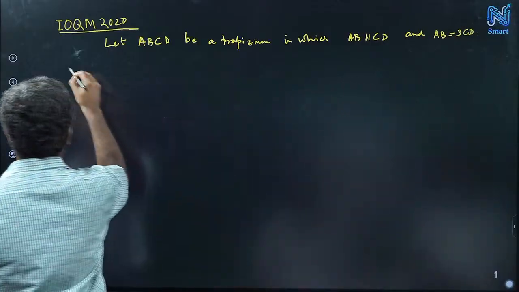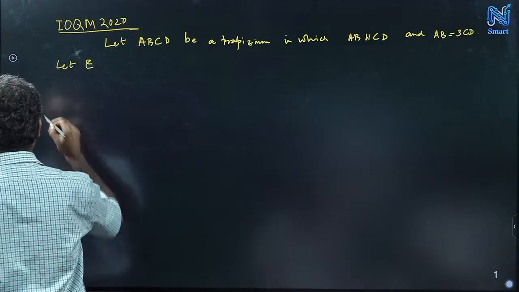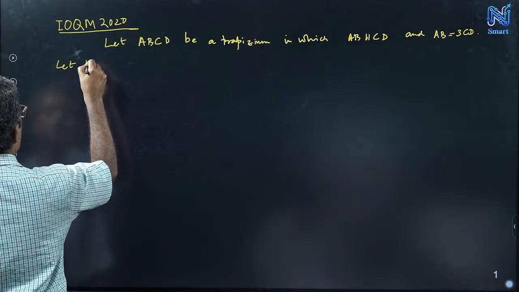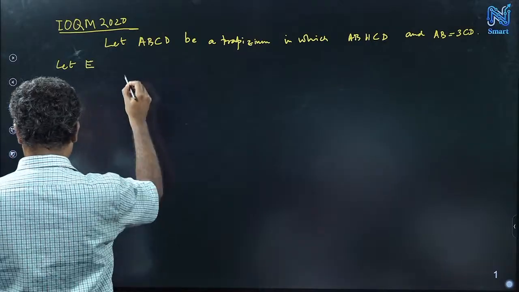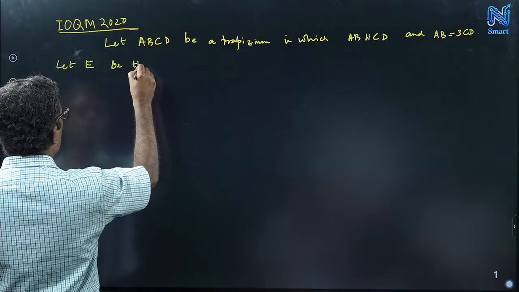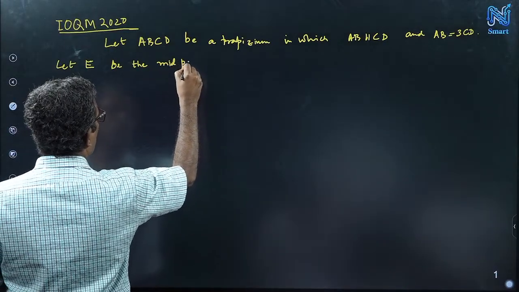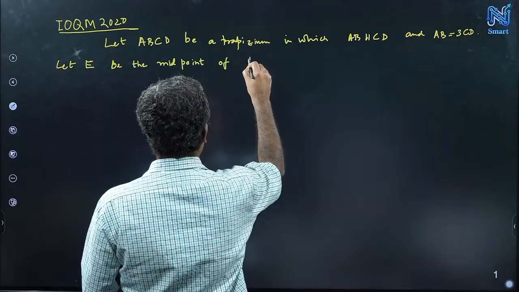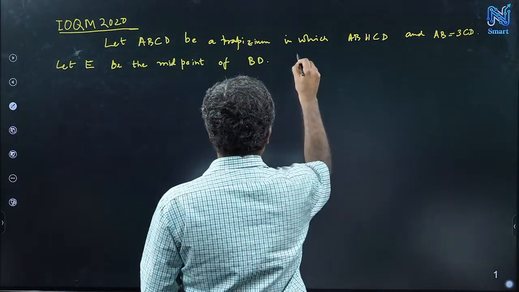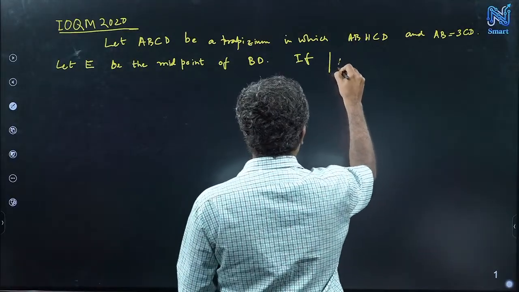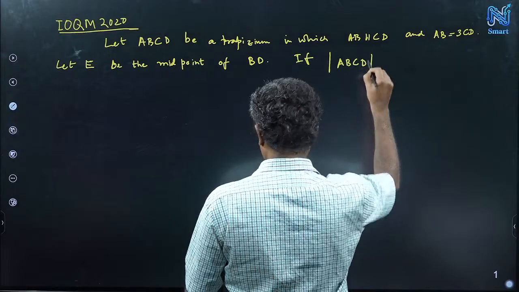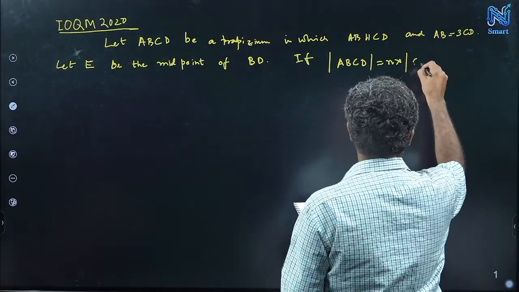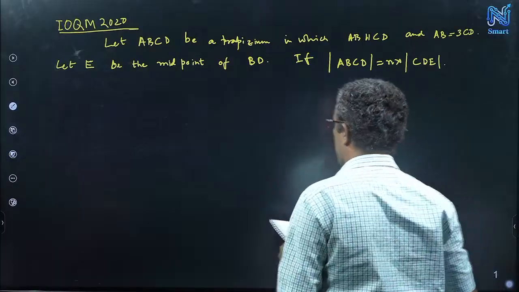Okay, and let E be the midpoint of BD, and if this mod symbol is actually area, area of ABCD is n times area of the triangle CDE, then what is the value of n?